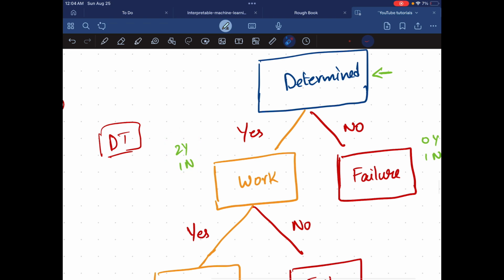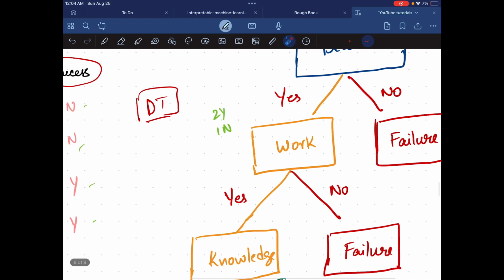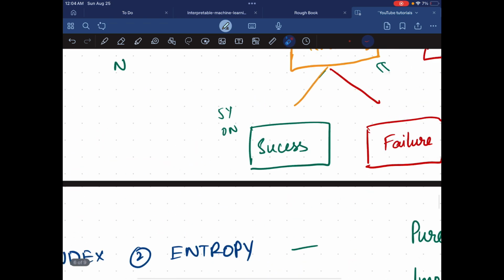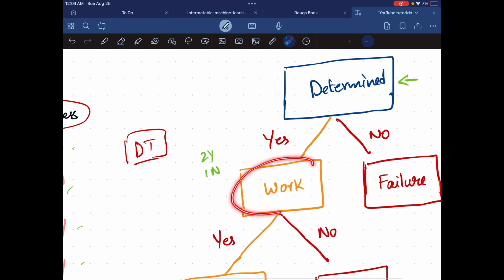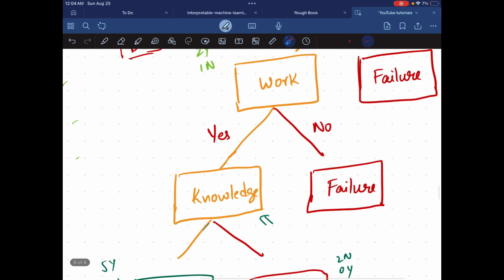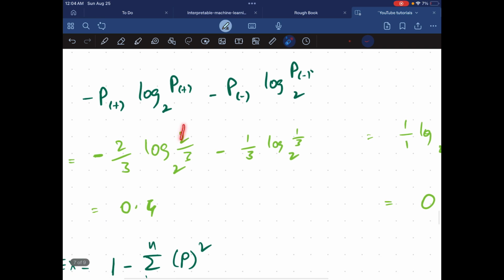Two and one, so 2 divided by 3. You are calculating the purity of this: 2 divided by 3 times logarithm of 2 divided by 3, minus the other class, which would be 1 by 3, right? You got 2 yeses and 1 no in that split. If you do the math, you will get 0.4.